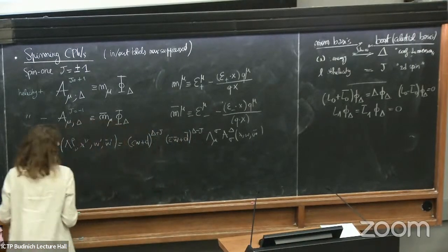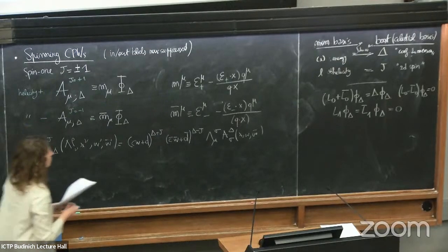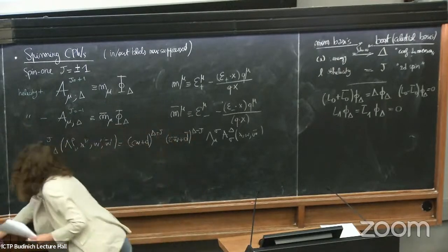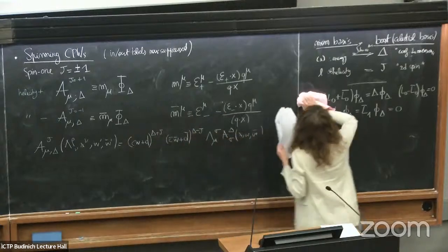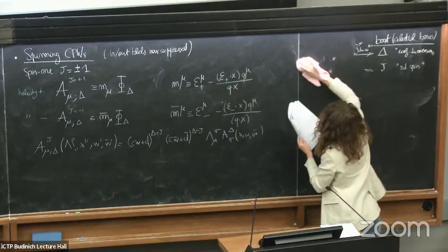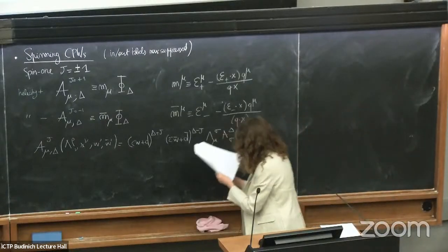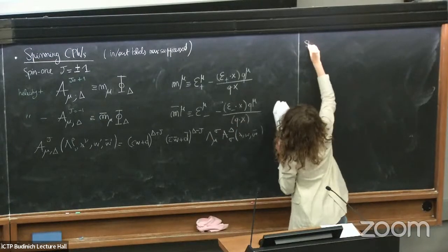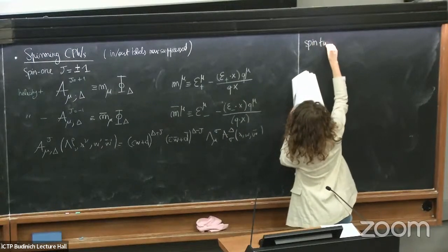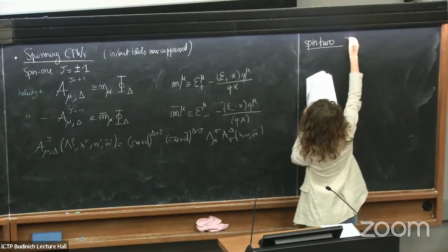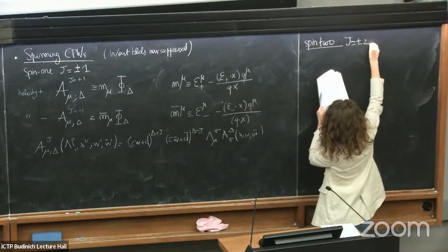And similarly, and then I will stop bombing you with definitions, we have a spin 2 primary, with helicity plus or minus 2.